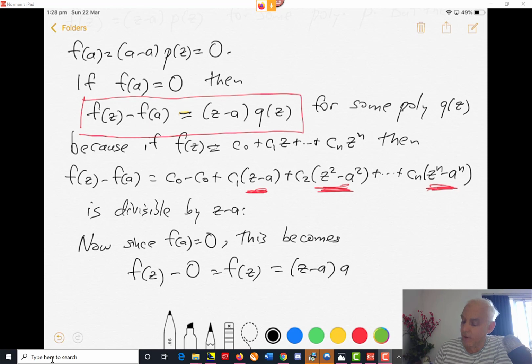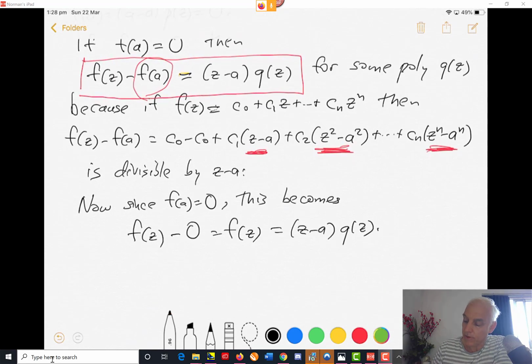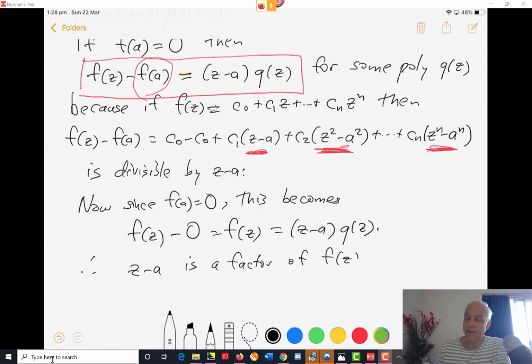It's exactly because the condition that f of a is 0 means that this thing is going to be 0. And that allows us to conclude that, therefore, z minus a is a factor of f of z. Okay, and this kind of understanding goes back to Descartes back in the 17th century.